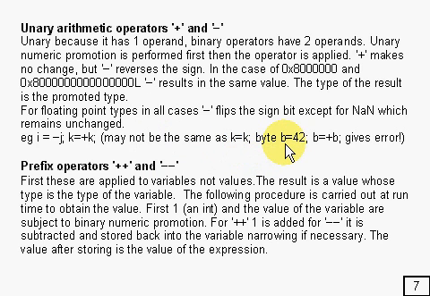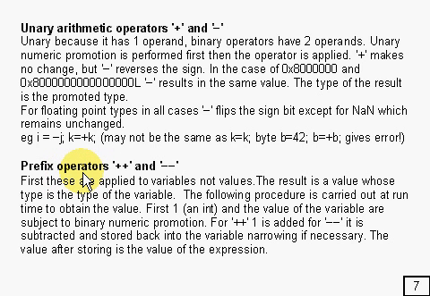If you look at this example, byte b is a declaration of a byte, setting it to 42. b equals plus b will give you an error, because the plus b means you perform unary numeric promotion, which makes it into an int. So you've got a byte there and you're trying to set it to an int, which will give an error, and the compiler will object to that straight away. If you want to do that, you'd have to put a cast in front, which we might come to later.